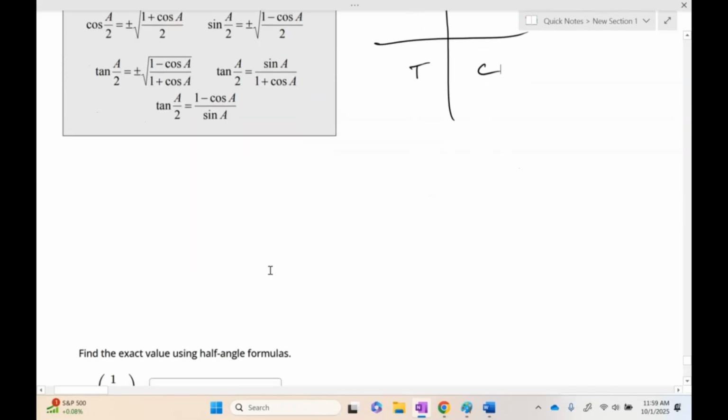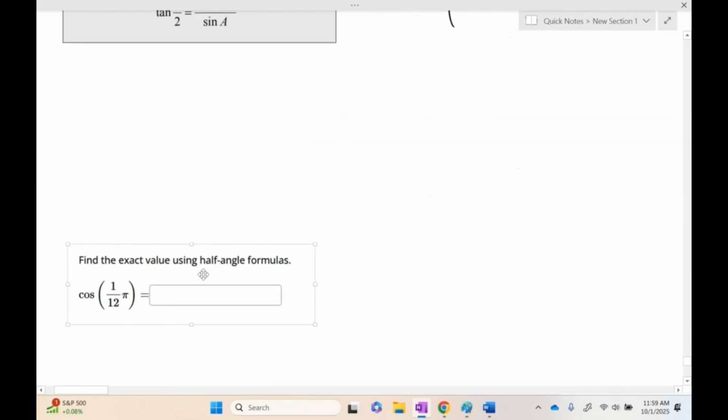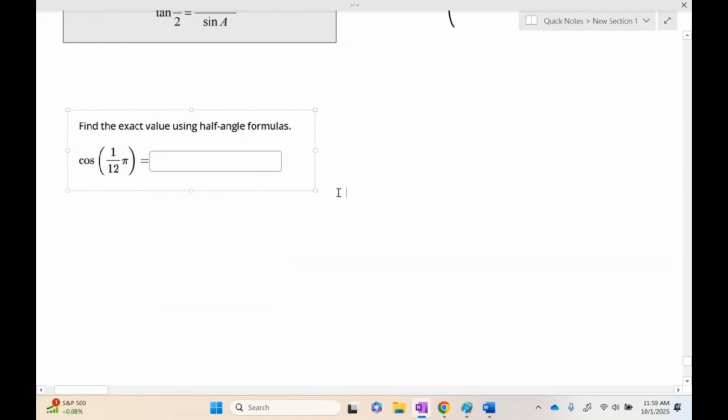All right, so let's see how these half angle formulas work. This is the next one. I don't know what number this is in the homework, but it says find the exact value using the half angle formulas. And I mentioned this earlier: if they're telling you to use a certain formula, use that certain formula.